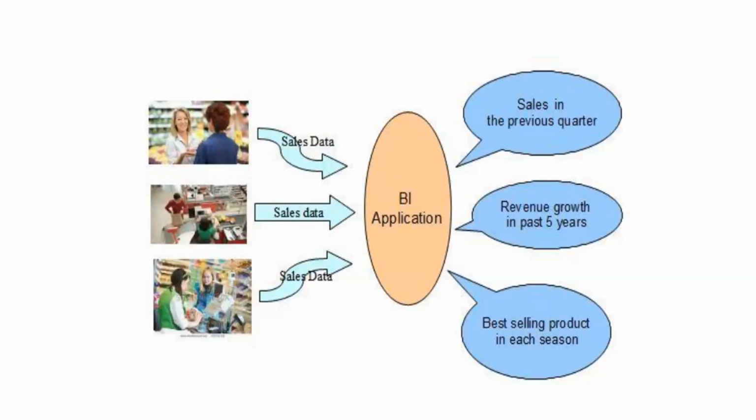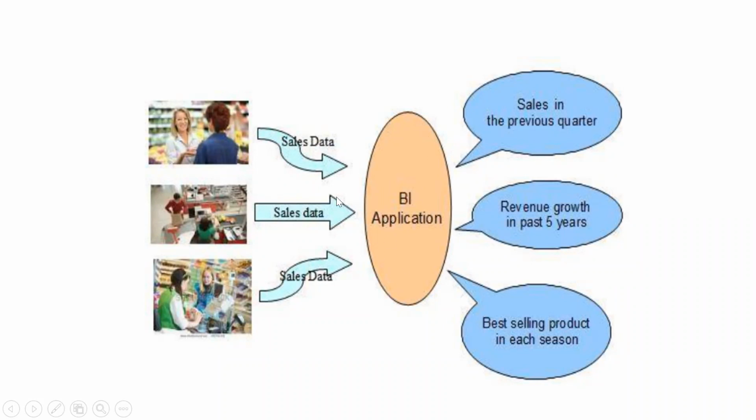So we can check this kind of issue, and by checking this we can definitely increase the supply of that particular product to the moderately selling outlet, rather than the outlet where it's selling poorly. Okay, so this is the BI application, and it's representing the answers to this kind of question.